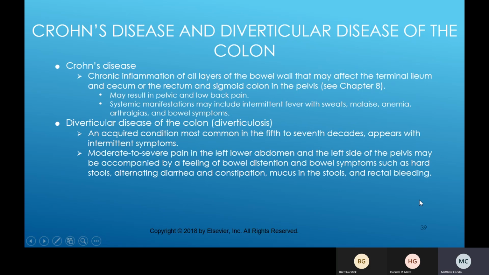Crohn's disease and diverticulitis. We could have low back or pelvic pain as associated with ulcerative colitis, or what's commonly known as Crohn's disease. Again, we're going to see associated signs and symptoms with the GI system.